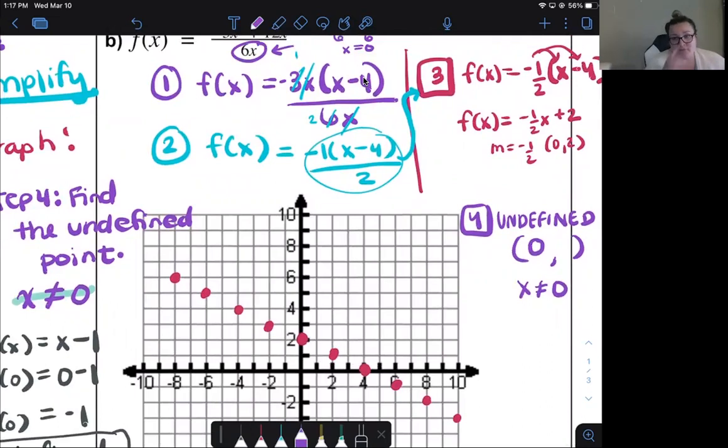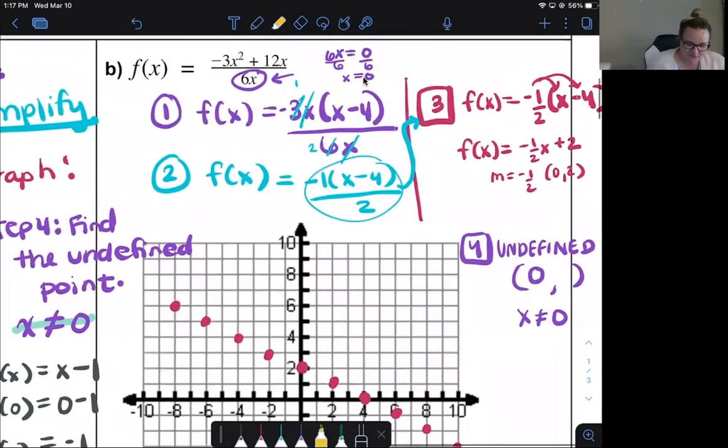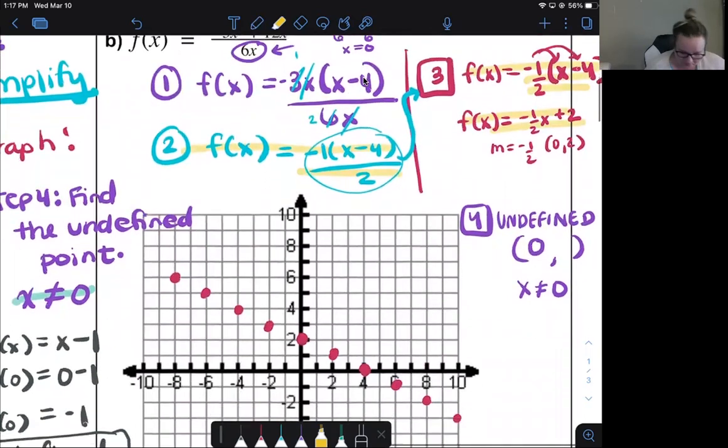So that's not helpful. But if I plug it into the simplified one, I will get a y value. We can use either simplified expression, the one from step 2 or the one from step 3, whichever we want. I'm going to plug it into the one from step 2 just for fun. So f of 0 would look like (-1 times 0 minus 4) divided by 2.